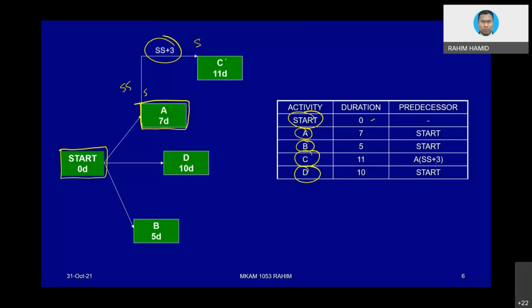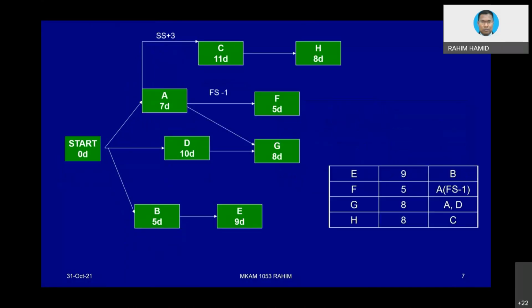Okay, next we go for E. So E has B as its predecessor. So we draw one box for E and then simply connect from B. How about F? For F, we put one box there and then connect from A, but there is one negative lag there. How about G?